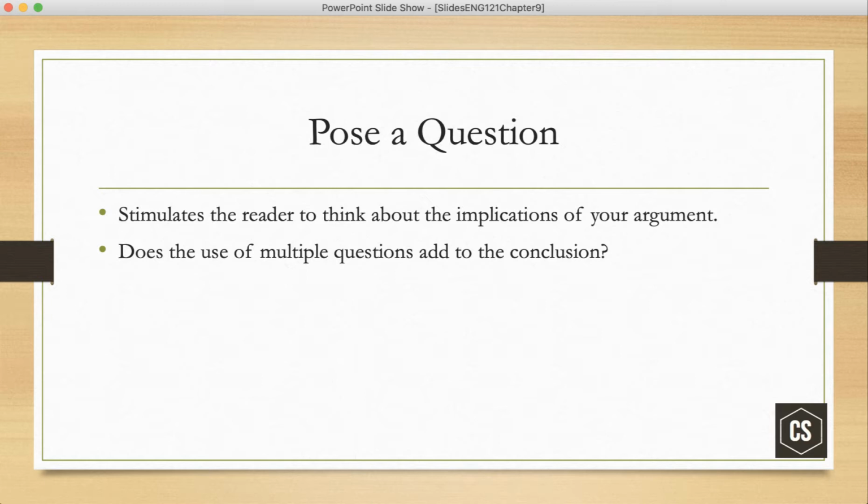Some of you wrote entire paragraphs that were all questions. That's not very effective because your job in an argument is to prove something, not to ask questions. But ending on a question is very effective because then you're putting the next thought on the reader. Instead of saying, I'm going to do this, the question is, what are you, the reader, going to do about this?